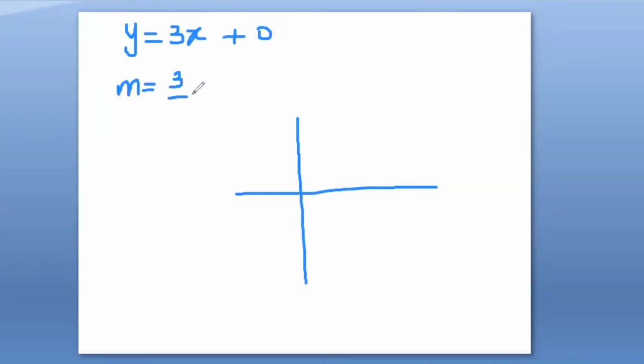Always keep in mind that slope is a fraction, rise over run. Our slope is 3 over 1, and our y-intercept value is 0, so our first point is 0. To plot the graph for the given equation, we go 3 over 1: 3 times rise and 1 run.